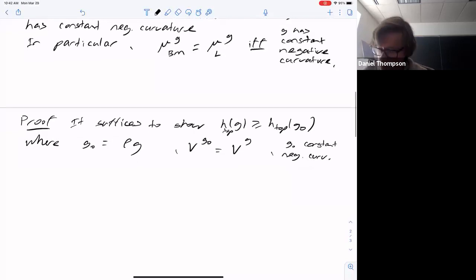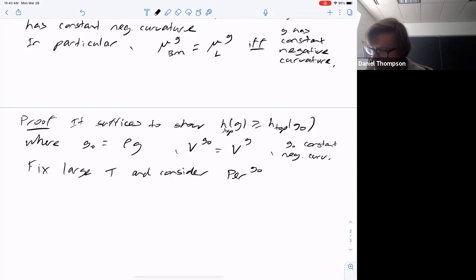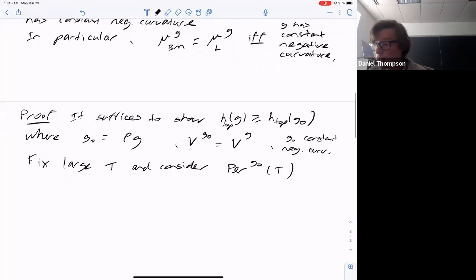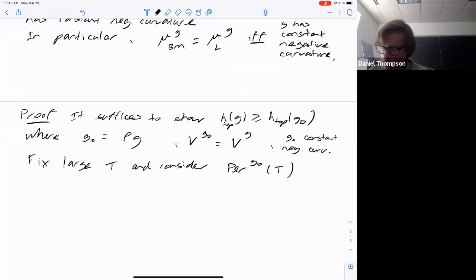Okay, so fix a large t, and consider the periodic orbits, aka closed geodesics, for G0 of length up to t. So that's all the ones with length up to t.